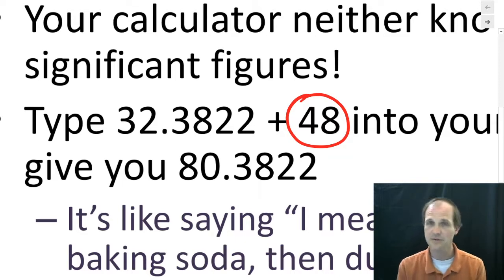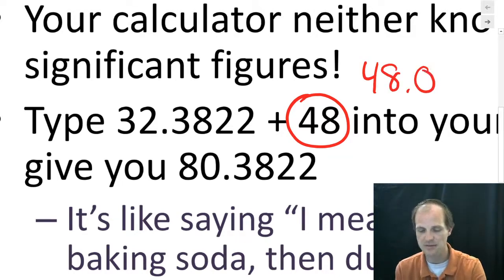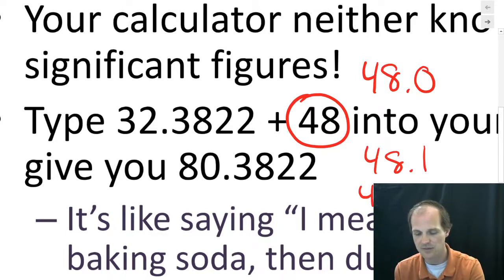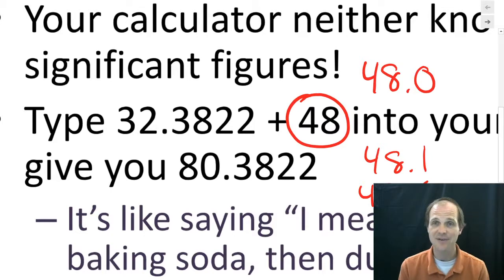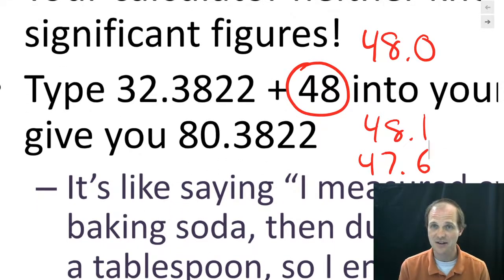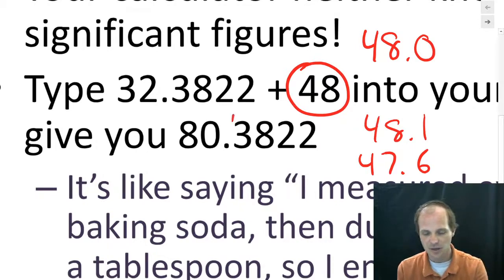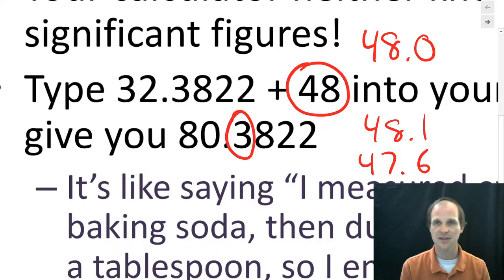Well, I only know 4 and 8. What I don't know is, is it 48.0? Is it 48.1? Or maybe it was actually rounded and it was 47.6. I don't know anything else about that next digit when I put it into my calculator. So when my calculator returns 80.3822, do I really know anything about that 3?